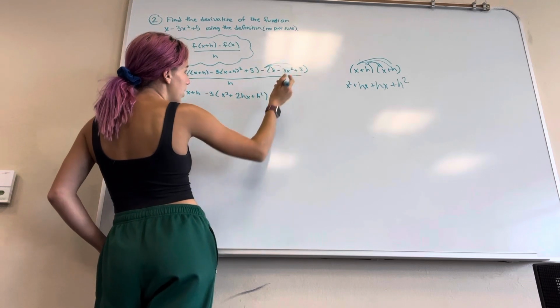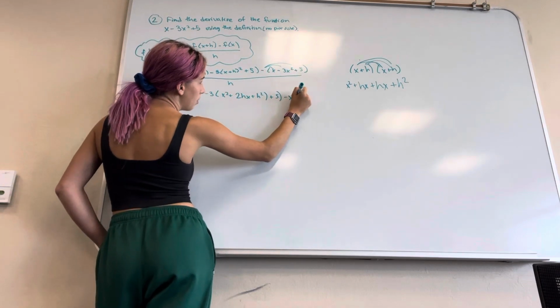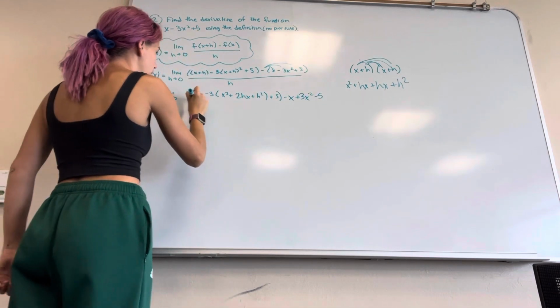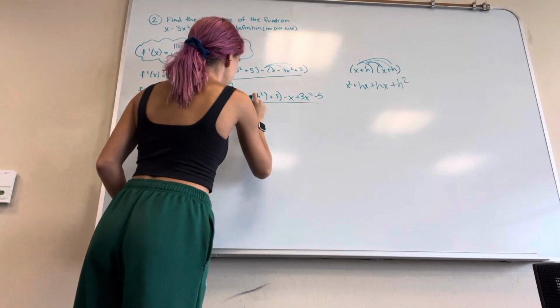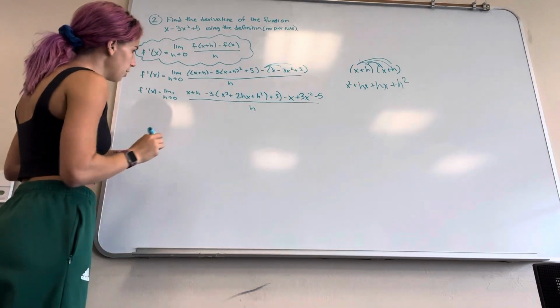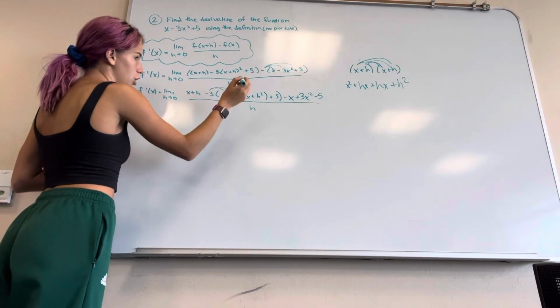We're going to have to do that. So we're going to get minus x plus 3x squared minus 5. And the whole thing is still over h. So I hope this makes sense. Next thing we're going to do here is multiply this minus 3 to every term in here.